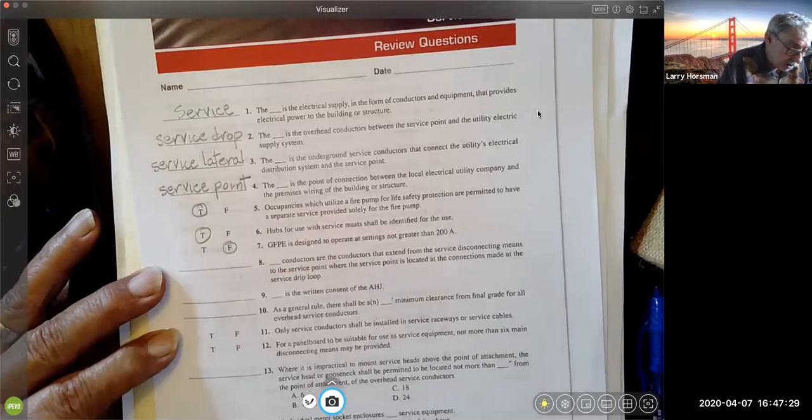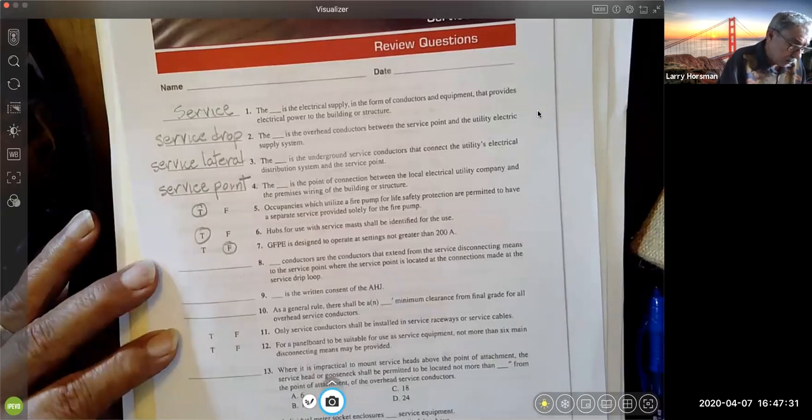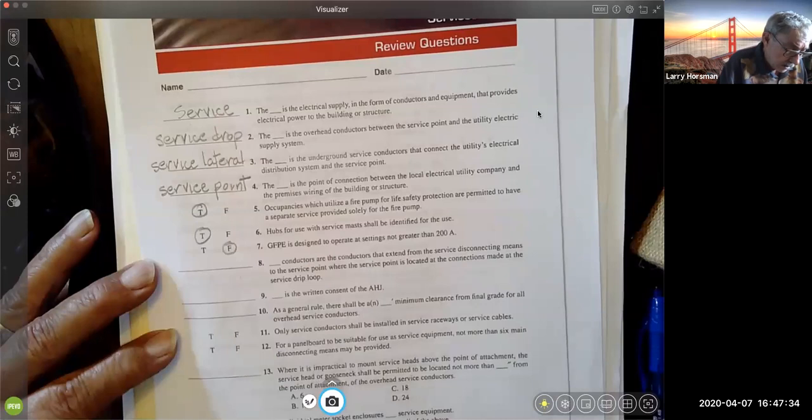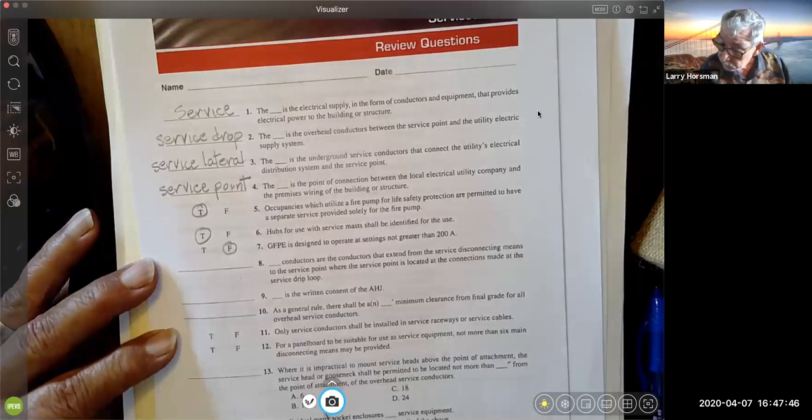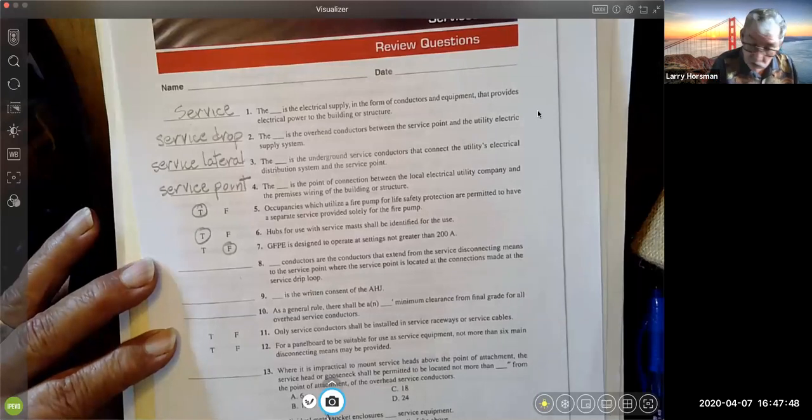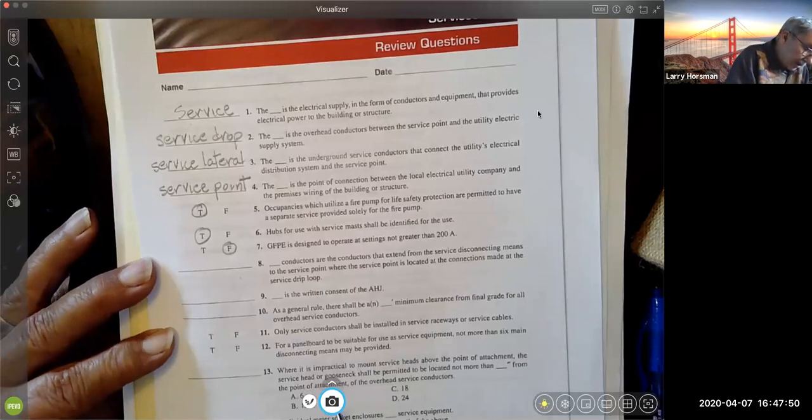Which conductors are the service? So now we're on number 8. Which conductors are the conductors that extend from the service disconnecting means to the service point, where the service point is located at the connections made at the service drip loop? That's overhead service entrance conductors.